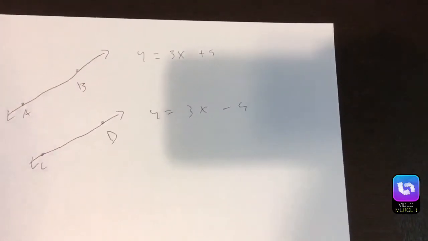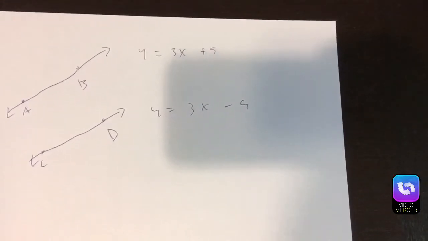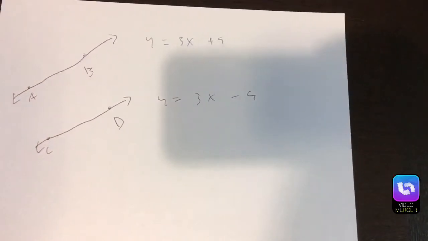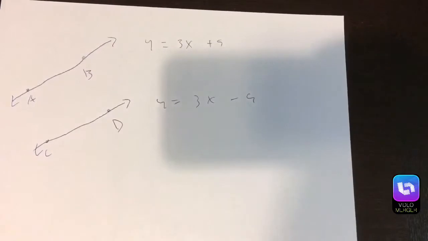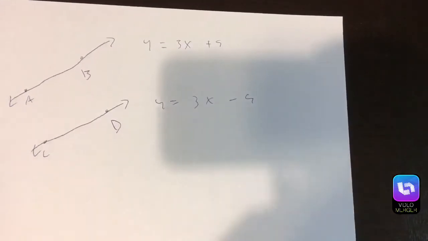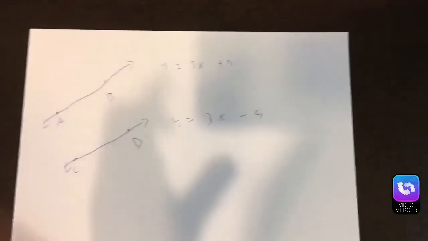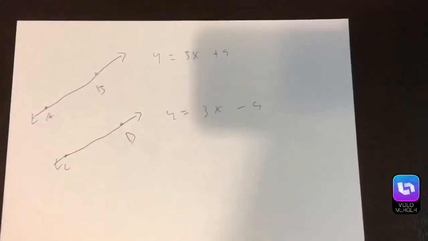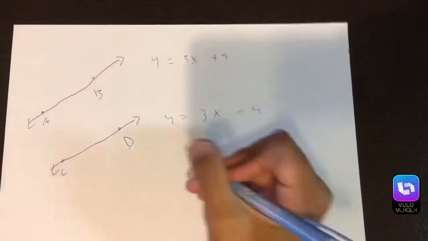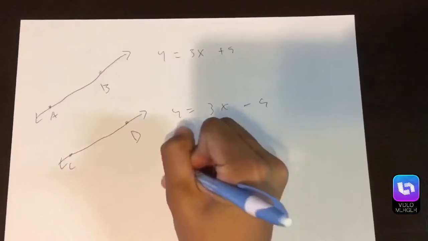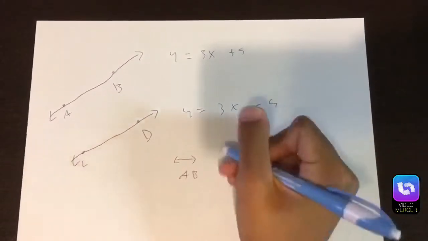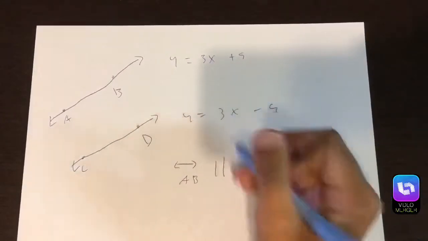What parallel means is that they never intersect and both of them go the same way, and they will never ever intersect. A way we can write or say how they are parallel is line AB is parallel to line CD.